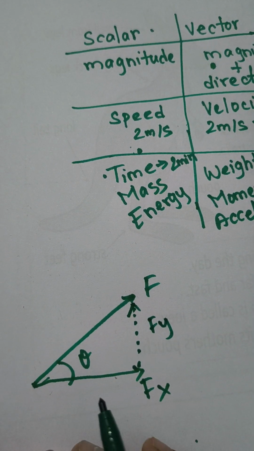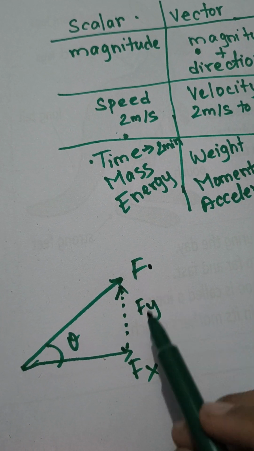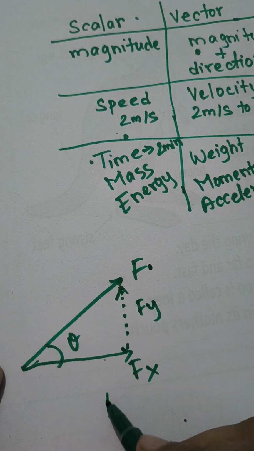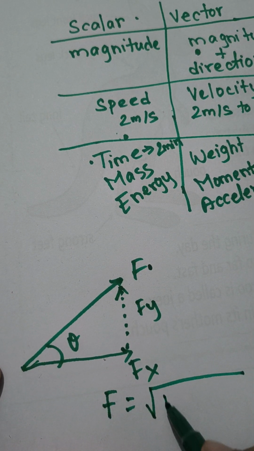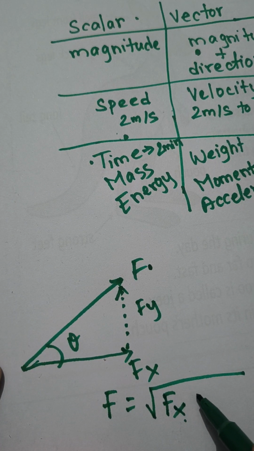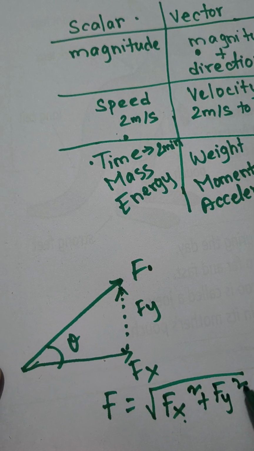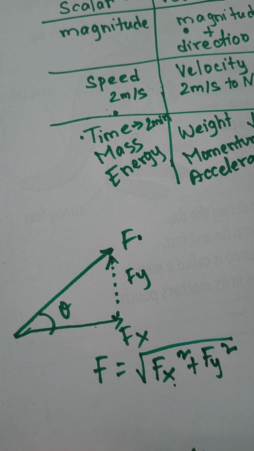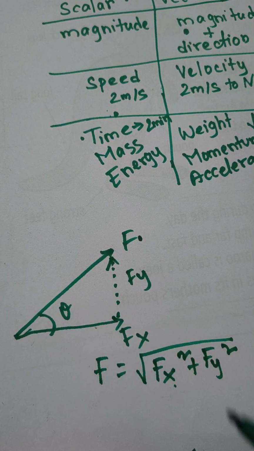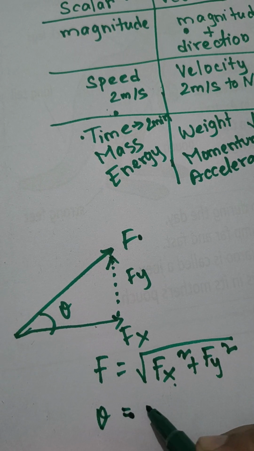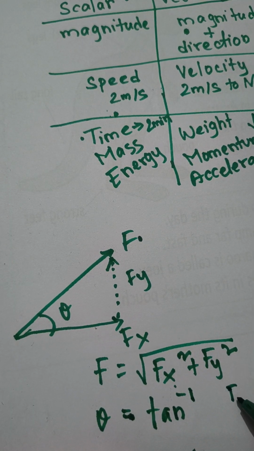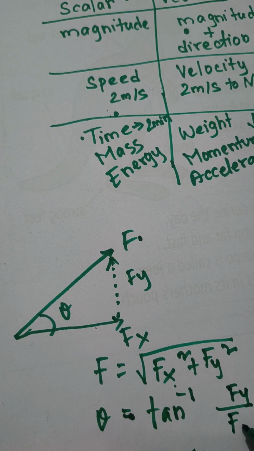To find the resultant F, I have to resolve for the x-axis and the y-axis. The resultant force F is the square root of Fx squared plus Fy squared. But if we only find the magnitude, will it be a vector quantity? No, so we also have to find the angle. Theta is tan inverse of Fy over Fx.